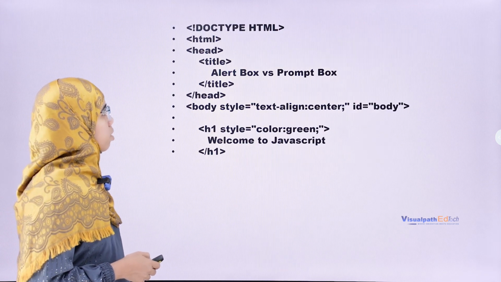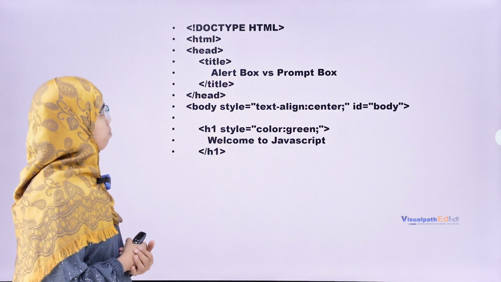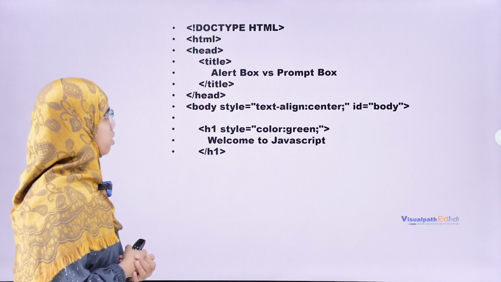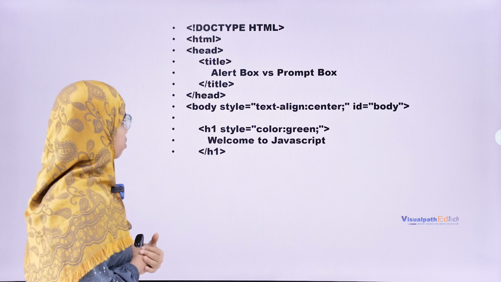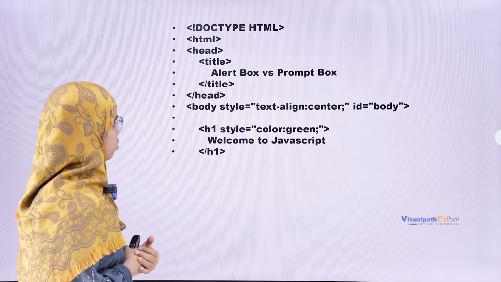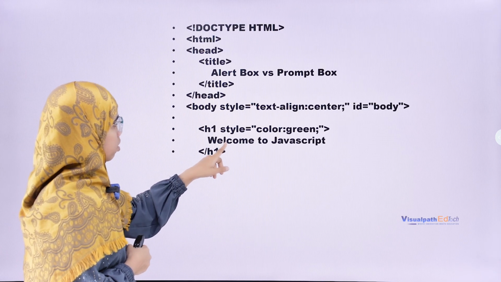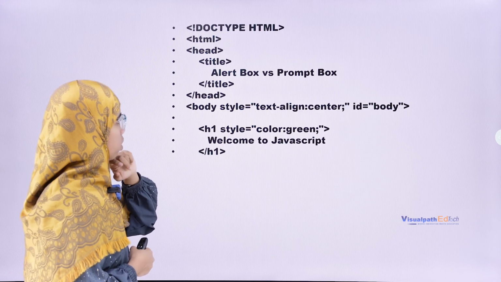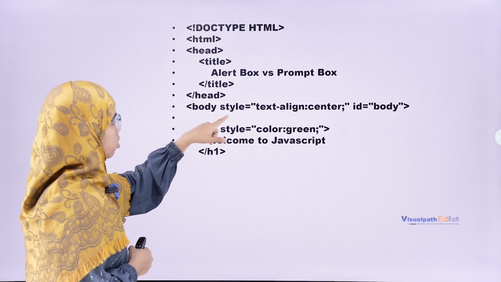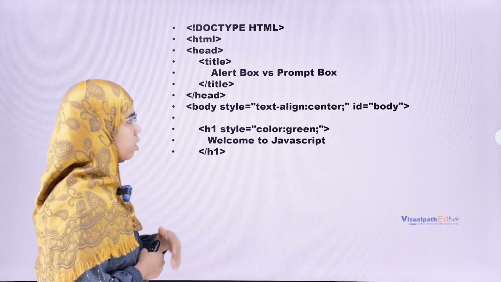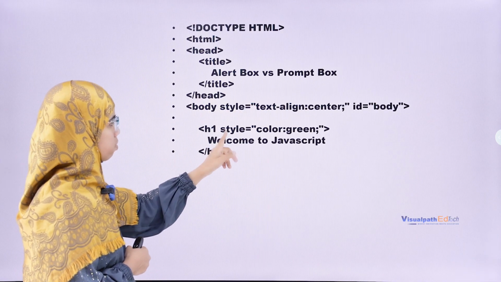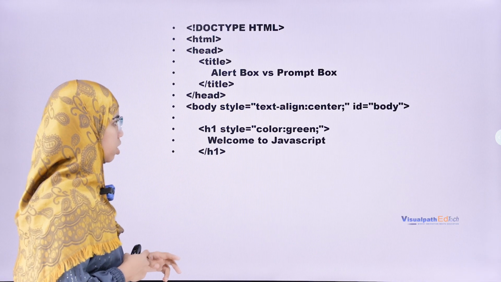The syntax for that again is window.alert with a message. Otherwise, the other syntax is alert followed by whatever message the user wants to give. This is a small example that we have given in the HTML5 version for the alert box and the prompt message. If you see here, this is the styling we have done in the body section. Initially, we have given the text alignment as center, and in the body section, we are styling the H1 as green in color.